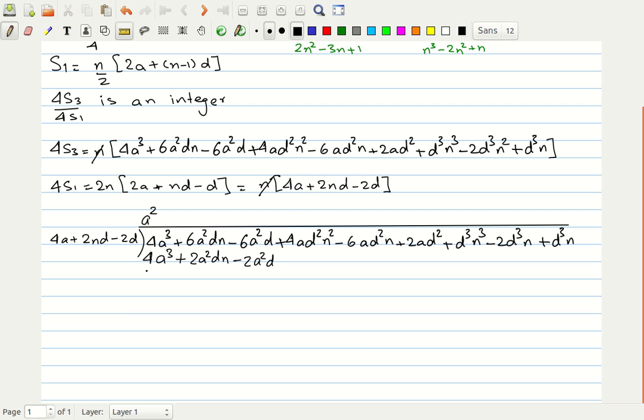And now if we simplify this, 4a cube and 4a cube cancel each other. This becomes 6 minus 2 is 4a square d times n, and this is going to be minus 4a square d, right? And now we have 4a square dn here, so plus a times d times n, so we get 4a square dn.